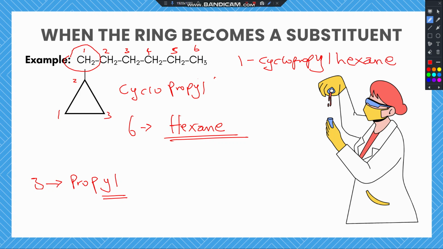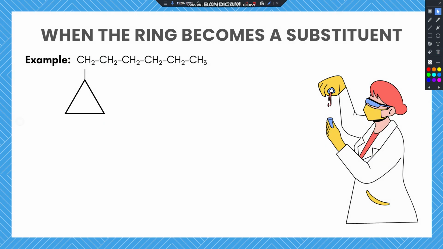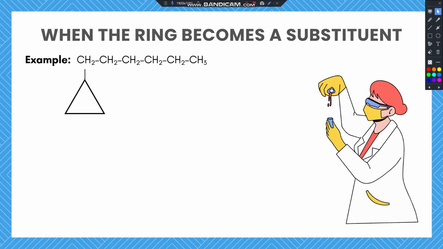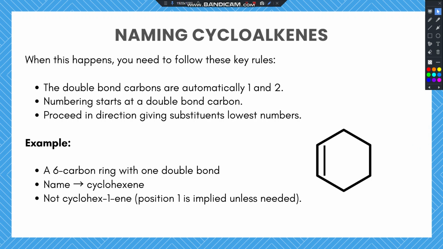So altogether, the full name of the compound becomes 1 cyclopropyl hexane. Did you see the steps that I took? First things first, I identified the parent chain, identified the branch, and then took the next appropriate steps afterwards. 1 cyclopropyl hexane. All right, let's move on to the next thing we have.